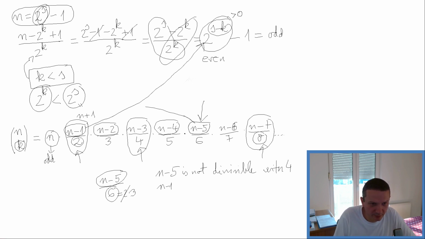So if n minus 1 is divisible by 4, then n minus 1 over 2 will be even, and we know that it is not even, that it is odd.